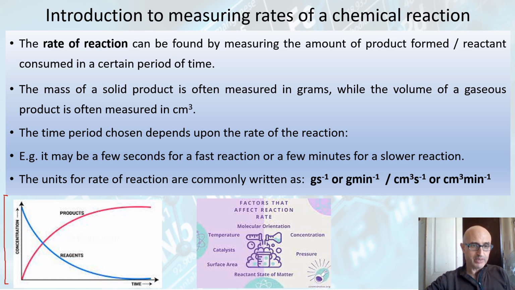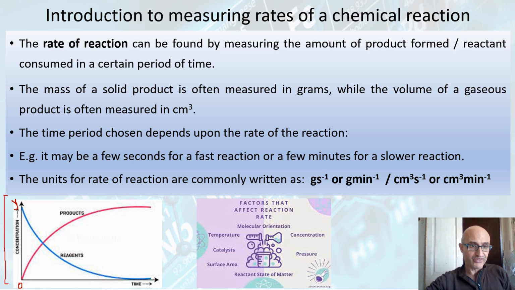Note that at time equals 0, none of the product has yet been formed, and all of the reactants, or reagents, are still in place. So the reactants are still at the maximum level. We have given no time for the reactants to react, so there is no product so far.